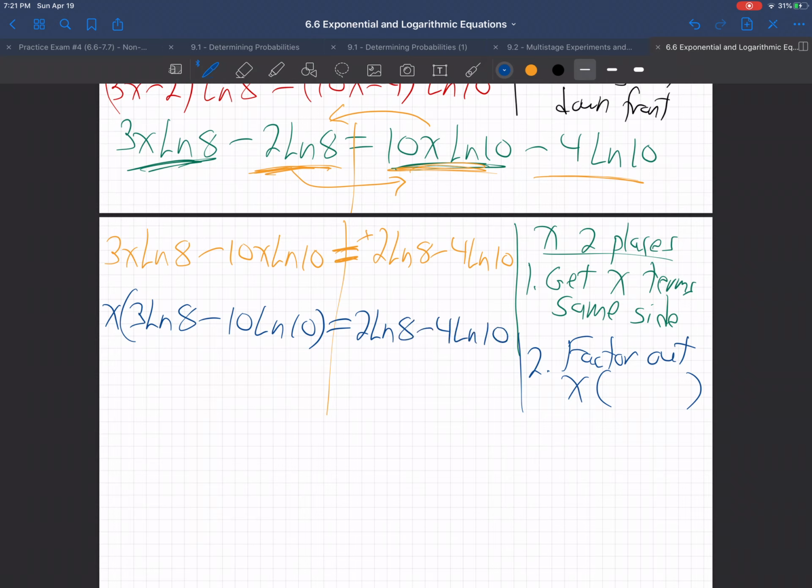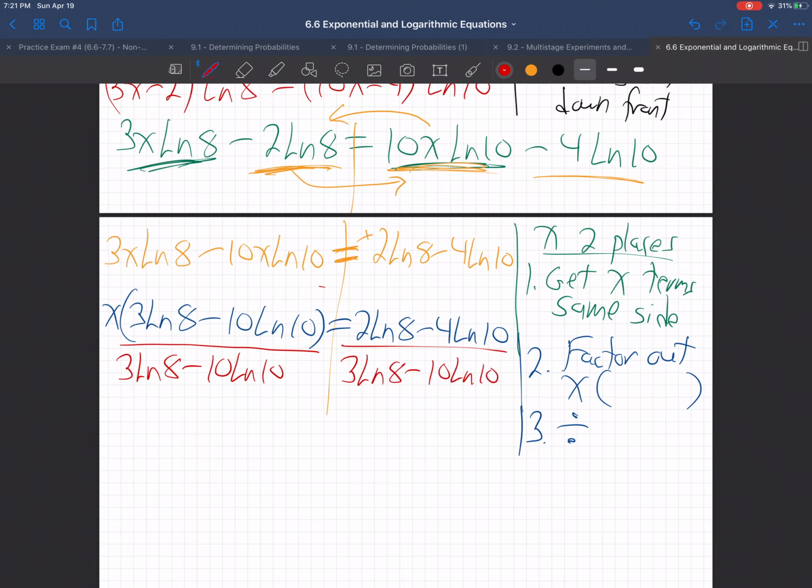And now step 3 is divide. So you just divide both sides by that whole mess, 3 ln 8, everything in the parentheses, minus 10 ln 10. Whatever you do to one side, you have to do the same thing to the other. Boom, boom. X is alone.